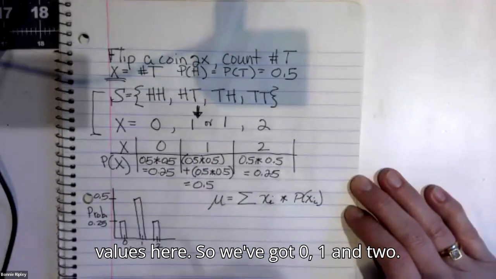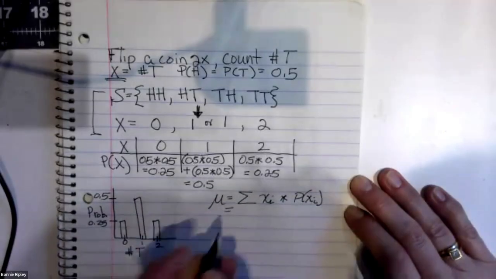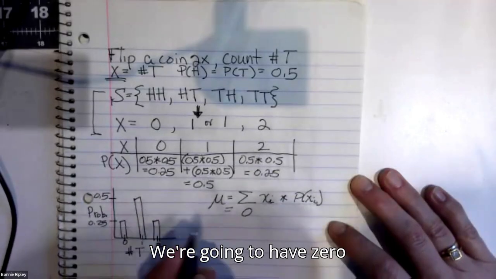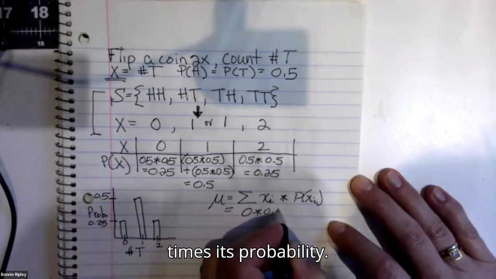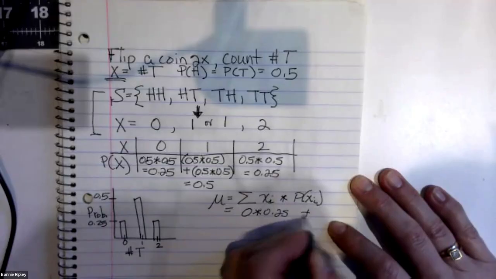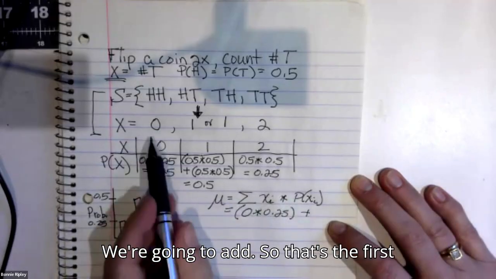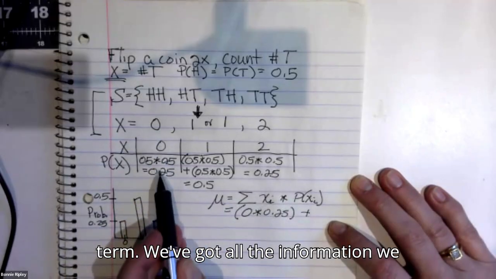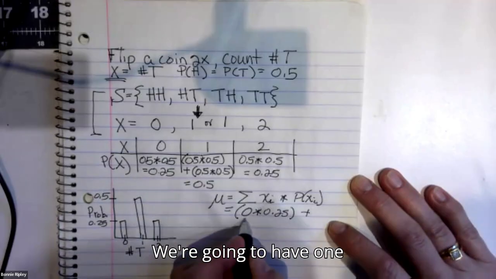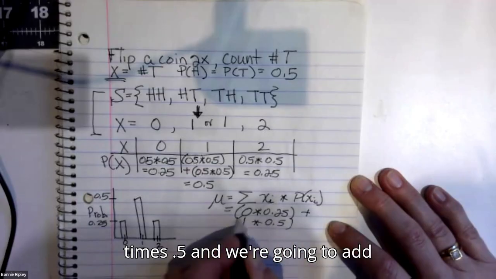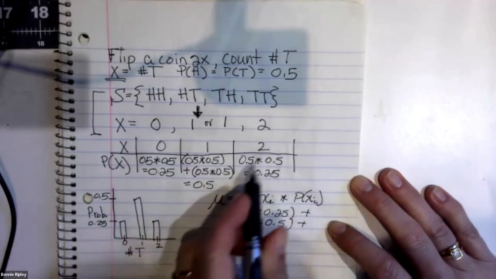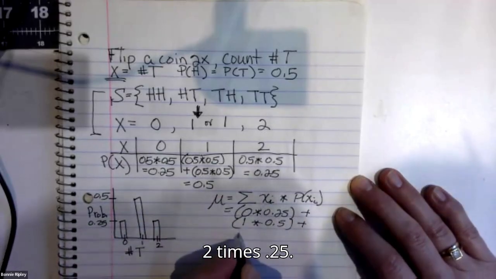So we've got 0, 1, and 2. We're going to have 0 times its probability. We're going to add, so that's the first term. We've got all the information we need right here in our little table. We're going to have 1 times 0.5, and we're going to add 2 times 0.25.